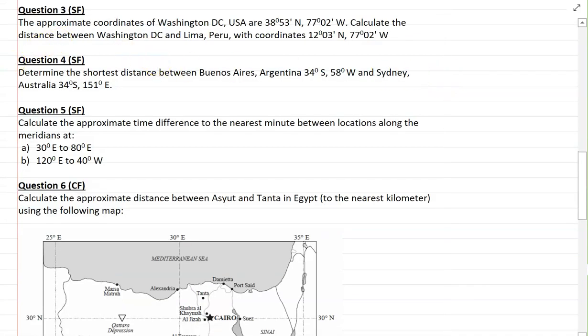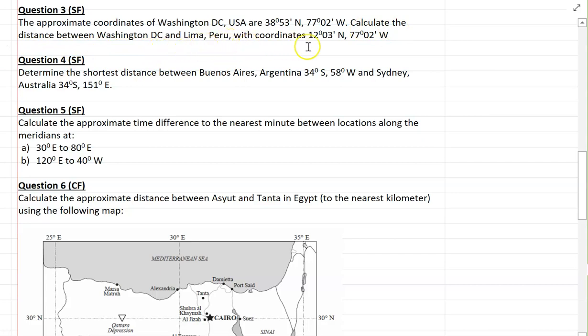Okay, question 3, simple familiar. Approximate coordinates of Washington, D.C., USA are 38 degrees 53 minutes north, 77 degrees and 2 minutes west. We have to then calculate the distance between Washington, D.C. and Lima, Peru.